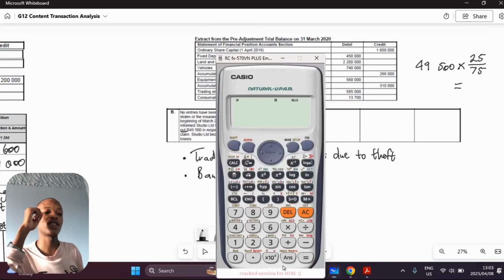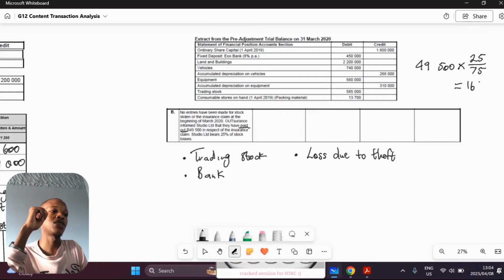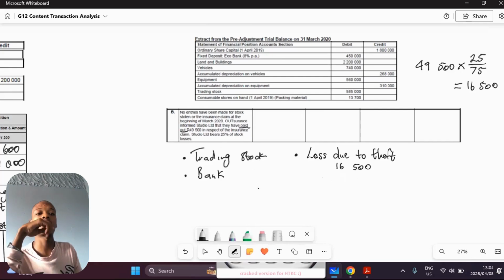And then how much is that? Let's work it out on our calculator. 49,500 multiplied by 25, and then divided by 75. It's 16,500. So this 16,500 is loss. So how much stock in total was stolen?